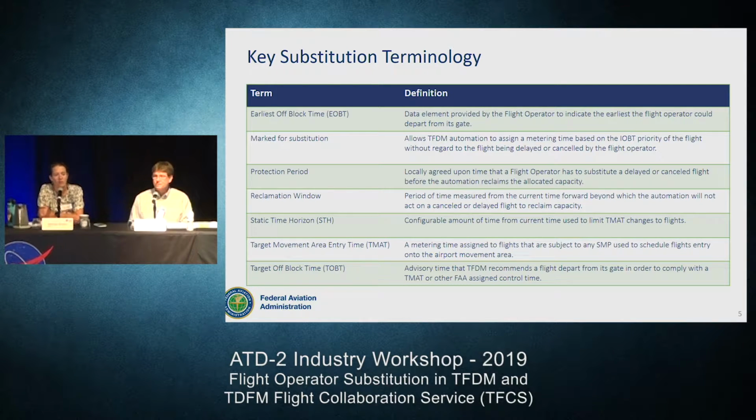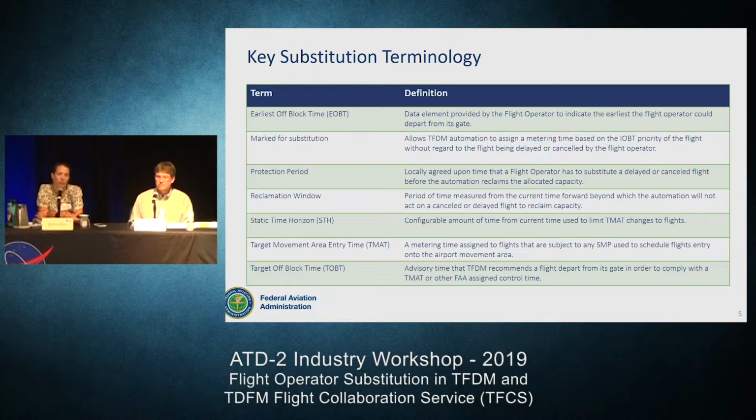and we'll go into the actual application of it in the use case. The two that I want to highlight here are protection period and the reclamation window. These are essentially the time frames where the automation and also the user, the airline, matter when it comes to substitution.